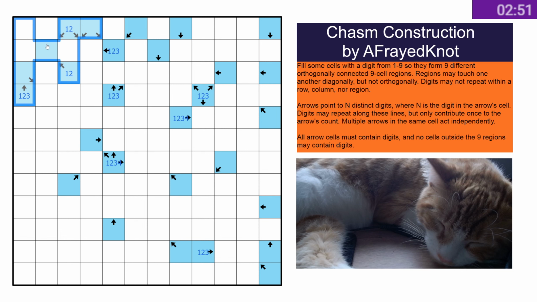Although, here's something interesting as well. It's not exactly a negative constraint, but it's still one looking up into here. So that isn't allowed to be a region, because then both of these would be 2s.